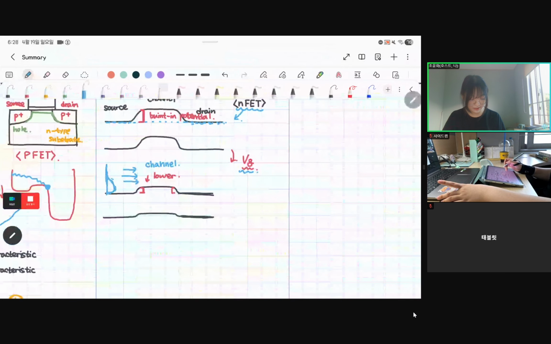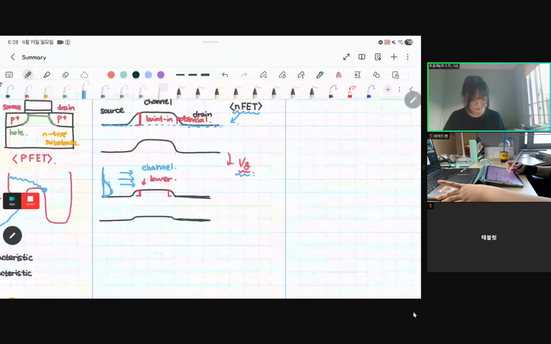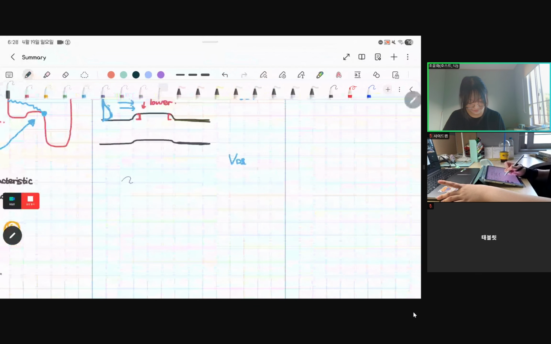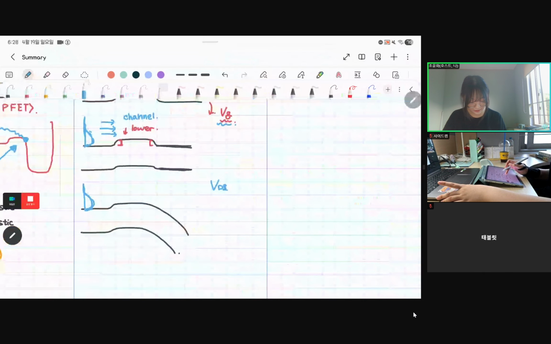And when we give a drain bias from here, it can make a drift current from here.